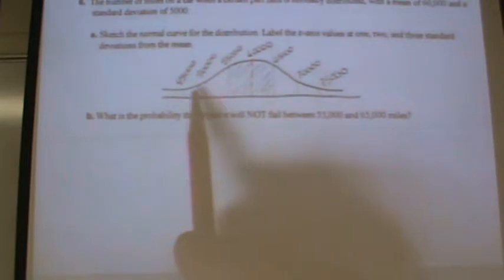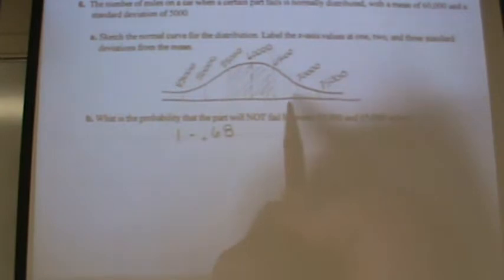So what we're going to do is we want to know the percent of everywhere else. So we know that all of our data is 100%, or 1 was our area under the curve. So we're going to take that 1 and we're going to subtract the 0.68, which is our 68% in the middle here.